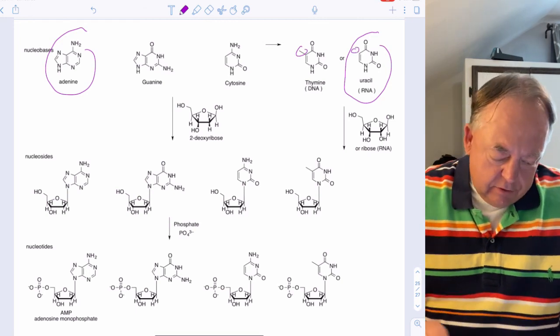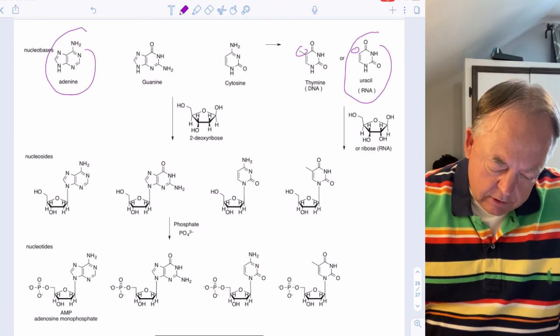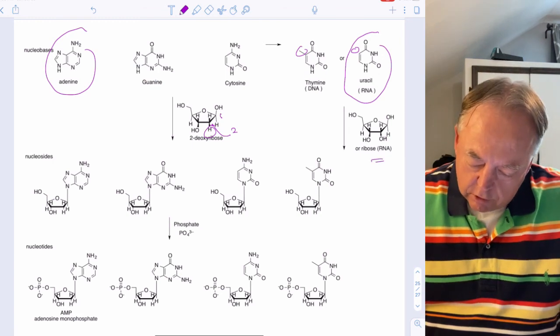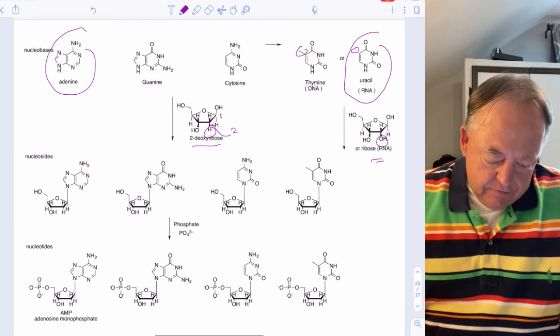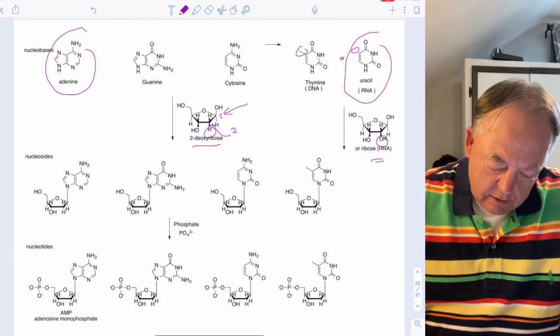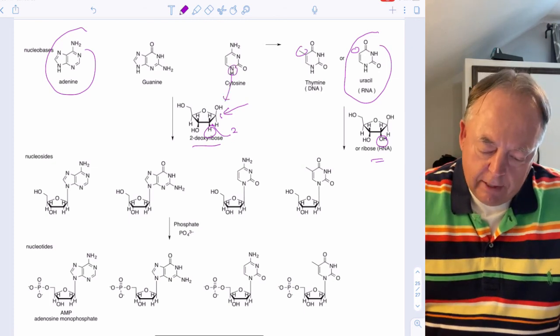So if you take those and react them with 2-deoxyribose, so this is carbon 1, this is carbon 2, right? So 2 is missing a hydroxy, so this will be ribose, which has a hydroxy group there, so this will be 2-deoxyribose. So if you take those, and this is the hemiacetal carbon, and then link them, so instead of the OH there, the nucleobases are attached there.